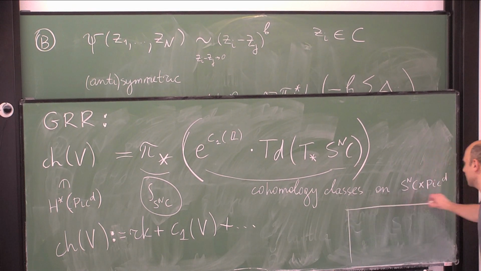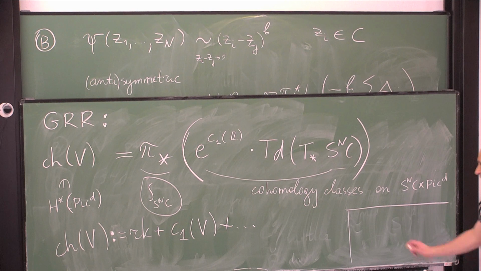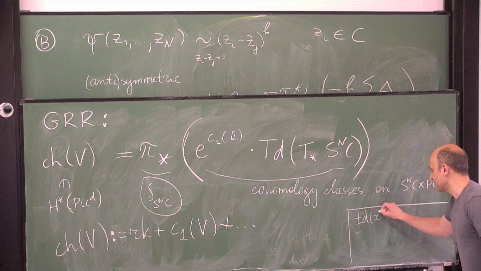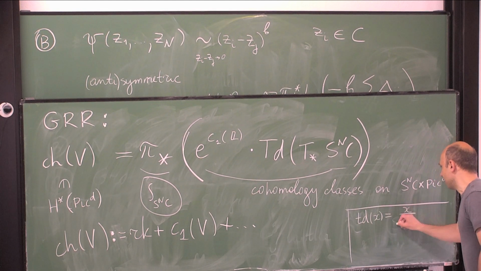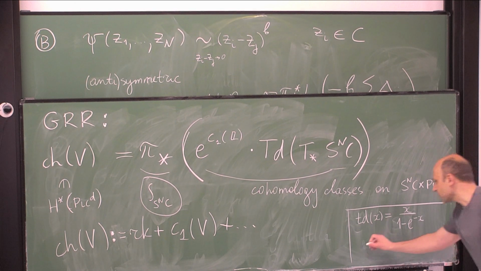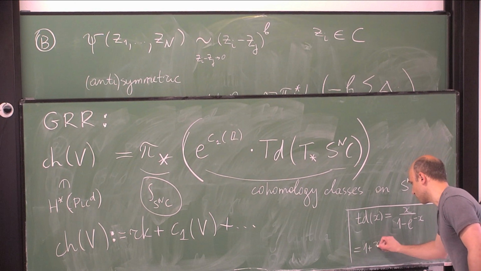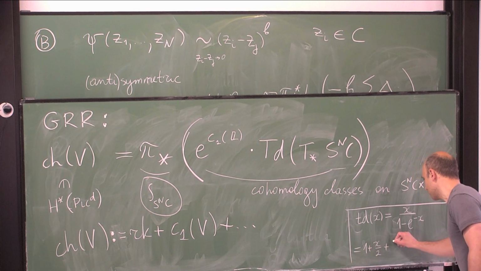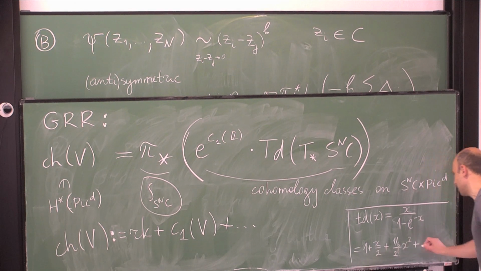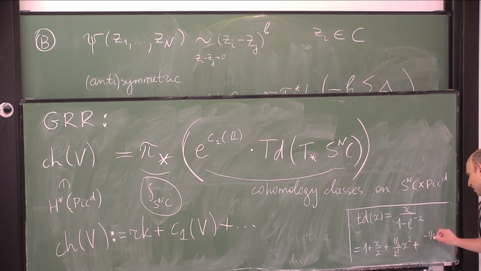Let me start by, instead of defining the Todd class, giving you two examples. There's this power series: 1 plus x over 2 plus 1/6 over 2 factorial x squared, minus 1/30 over 4 factorial x to the 4, and so on.